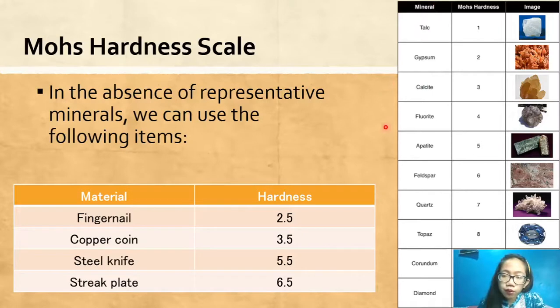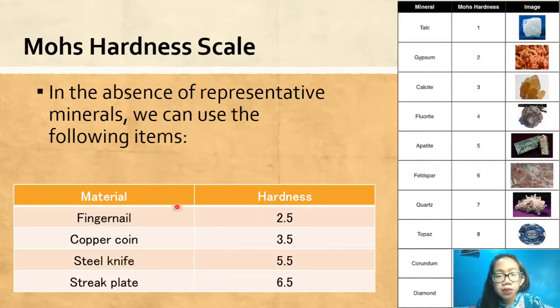That's how to measure. We usually use glass, which has an average of about 6. If your mineral can scratch the surface of glass, we can say that its Mohs hardness is above 6. If it cannot, then it's lower than 6.